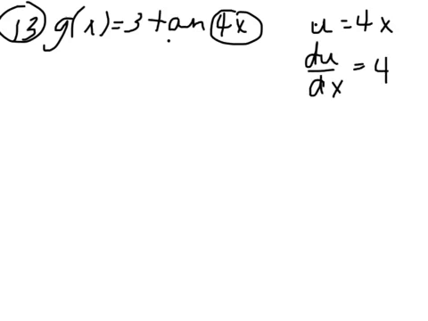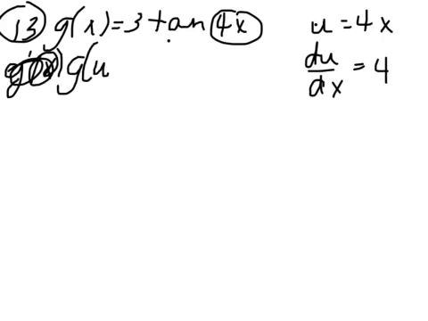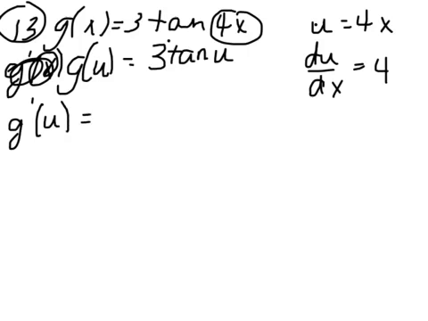du dx is 4. Now, if I want to take the derivative of g prime x, let me rewrite this, g of x, or g of u, I guess I should say, is 3 tangent of u. Alright, so if I take the derivative with respect to x, because I'm using u's now instead of x's, it would be 3 times the derivative of the tangent.